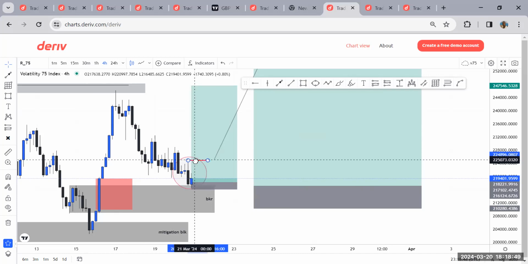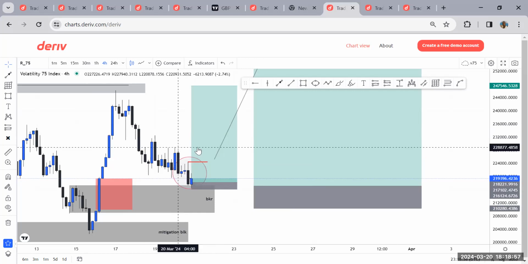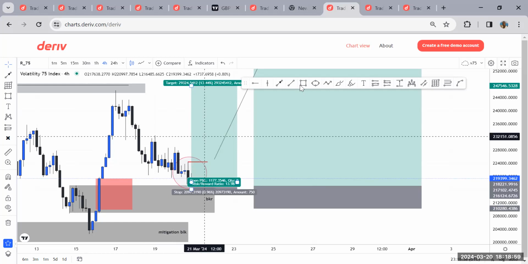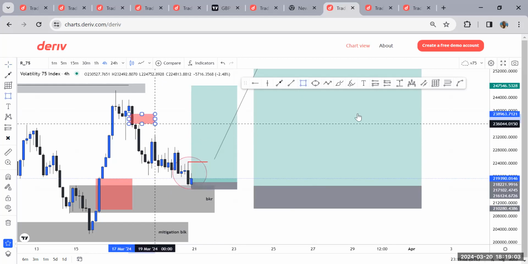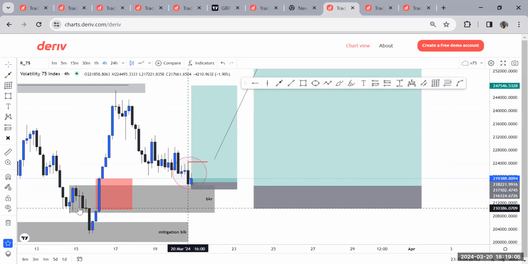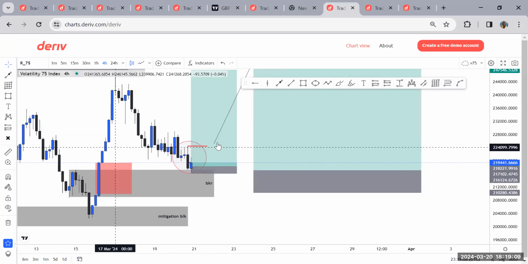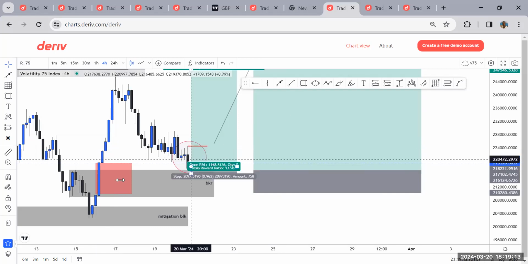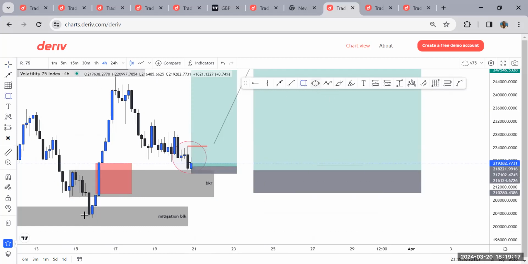If price is able to break this 15-minute high, then we know that we are about to go up more. So we are not considering the left side again. For now, if the 15-minute area fails, then price may come down more until price closes below this.